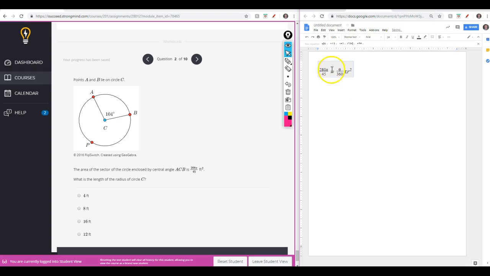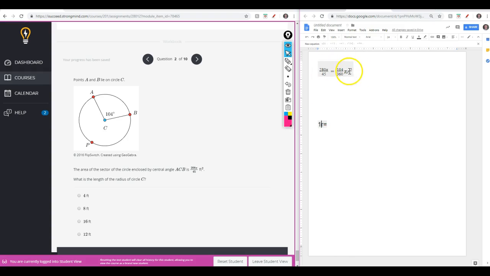We do know what the angle is, it's 104. Then we have pi r squared. We are solving for r, so our goal is to have something that looks like 1r equals blank. Most typically it will look like r equals, because the 1 is implied in mathematics.